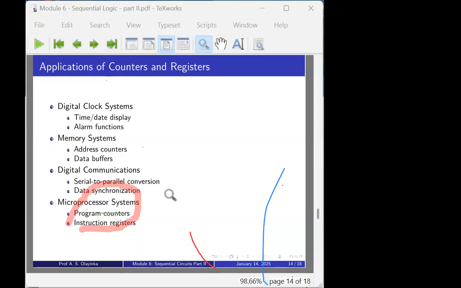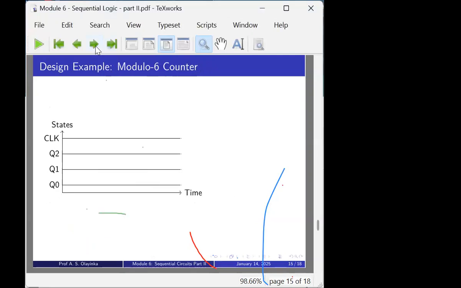You can design a serial to parallel converter or parallel to serial converter using clocks, counters and registers. In a microprocessor system, you can use it to program counters and give instructions to registers. These are some of the basic things that you can do with counters and registers.